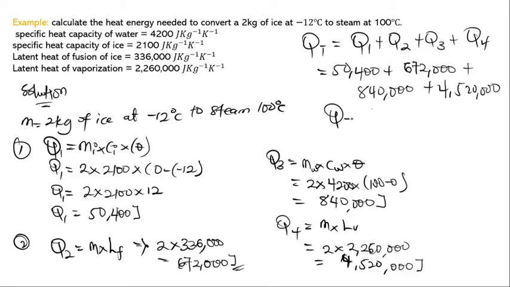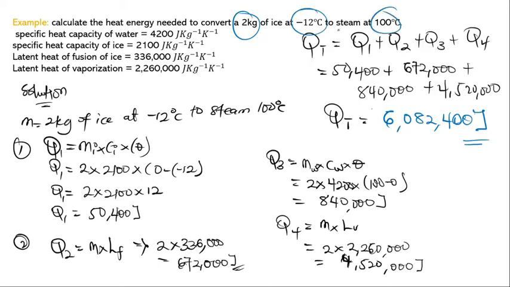So our total heat energy needed for this conversion is 6,082,400 joules of energy. So this is the amount of energy we need to convert 2 kilograms of ice at negative 12 degrees Celsius to steam at 100 degrees Celsius.